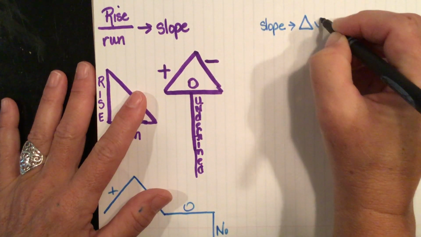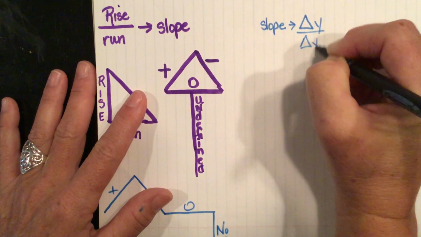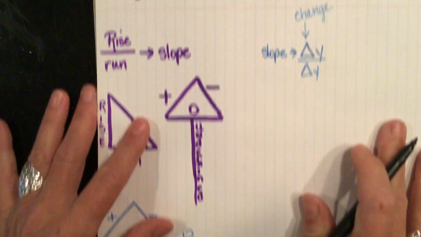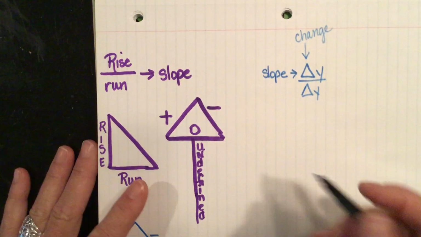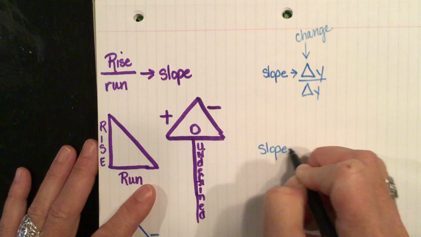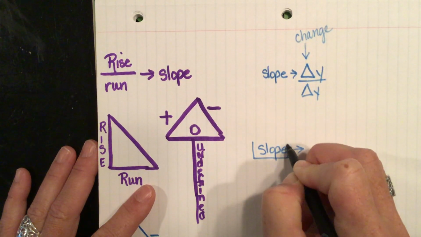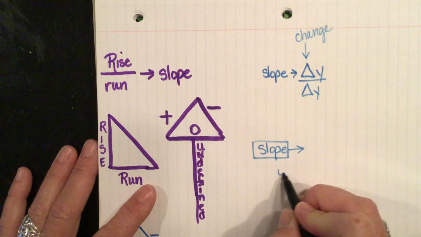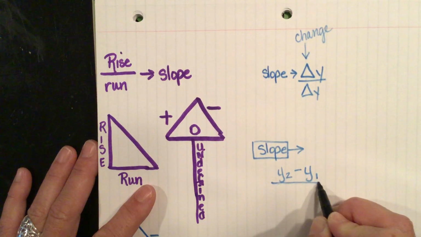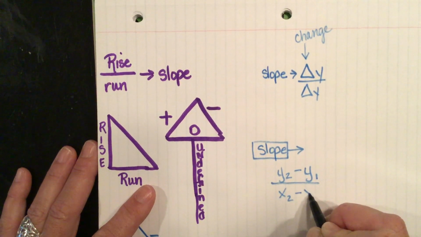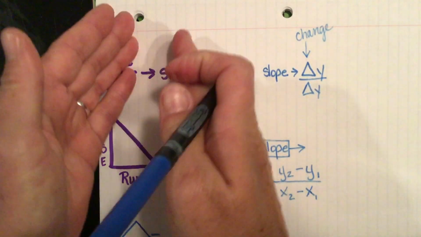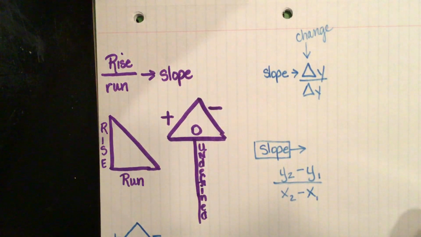I will commonly use the delta symbol, and that means change. So the formula for slope, and this is on your reference sheet, is y2 minus y1 over x2 minus x1. We're going to play with this on another day. Today I'm going to have you focus on just the graph.